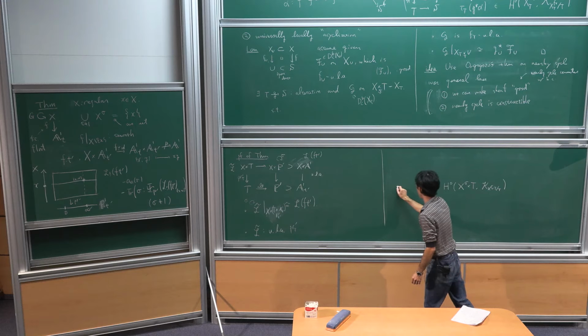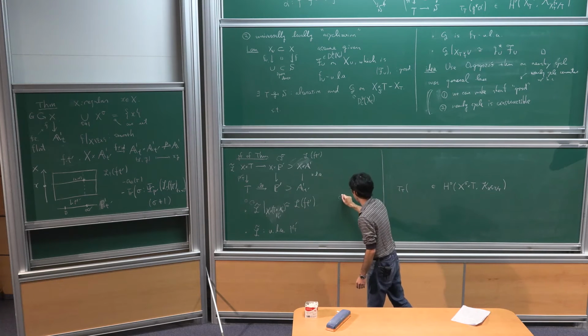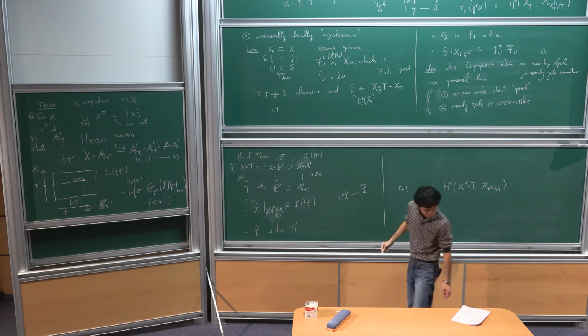So this is tau T of, I call this, so I have this sigma, I call it alpha.